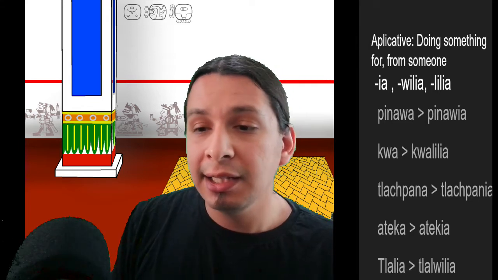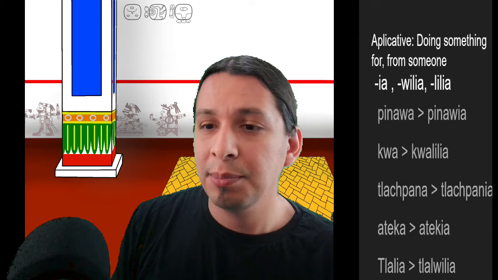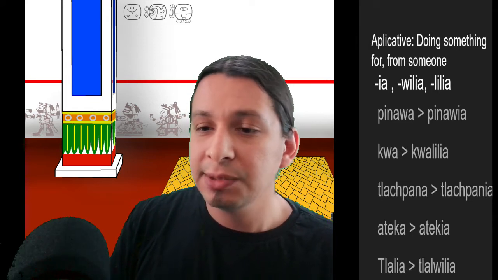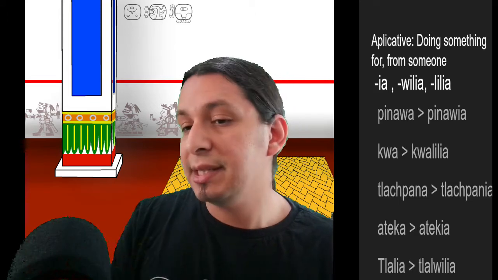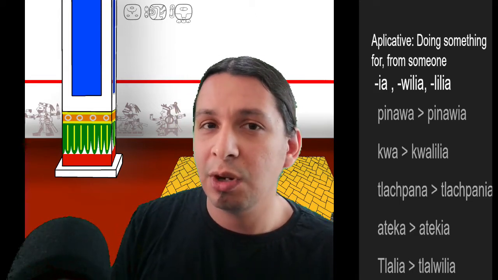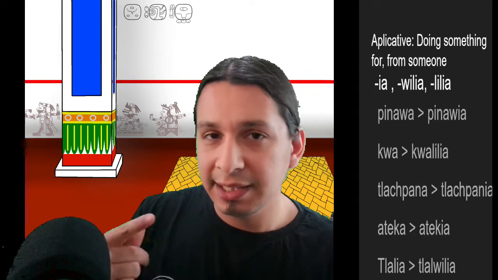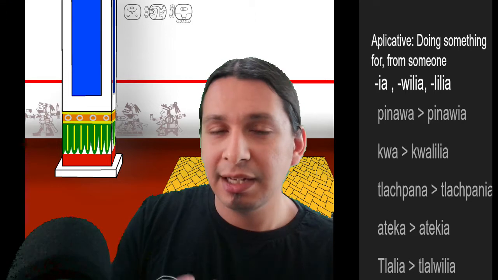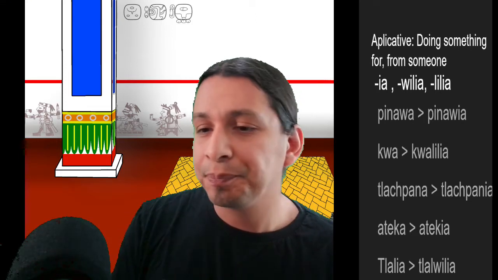Nik atekia means I pour water for her. So when I say the K sound there in nik, that K is representing her. Nik atekia. I'm pouring water for her. If I'm doing this action for you, then instead of saying the K, I'm going to say meets, right? Ni meets. I do it for you. Ni meets atekia.